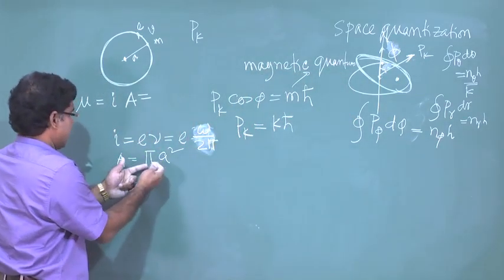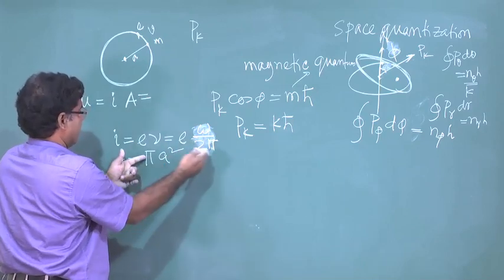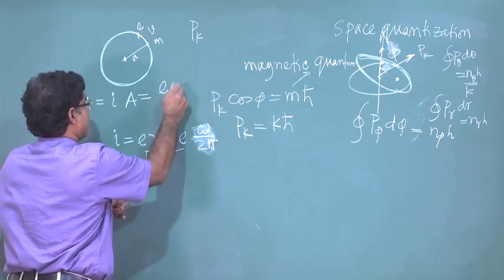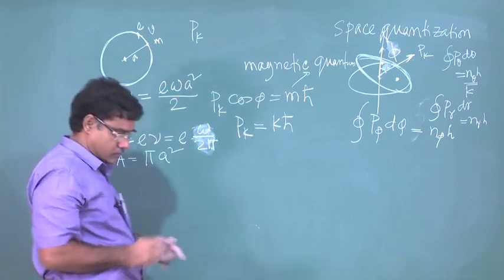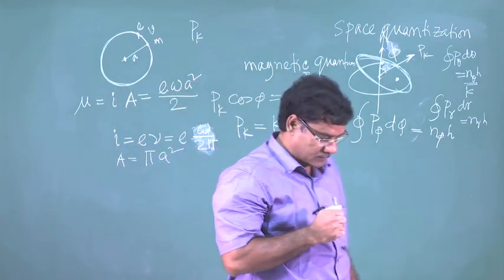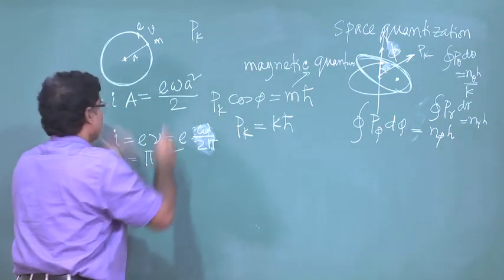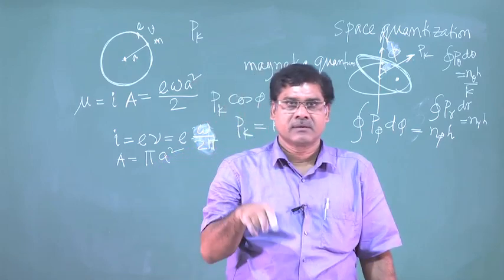So, if I multiply these two, pi will go. So, I will get e omega a square by 2. So, that is the magnetic moment of the electron.